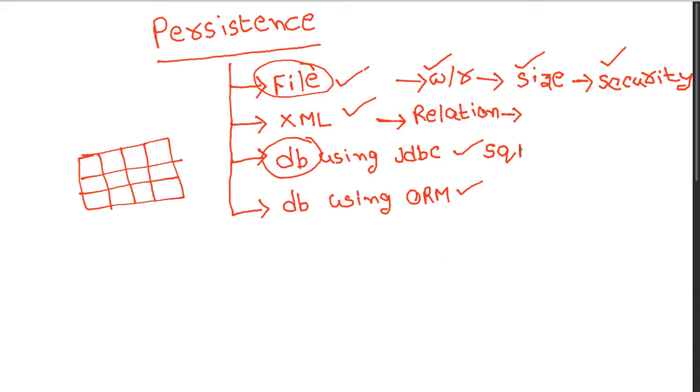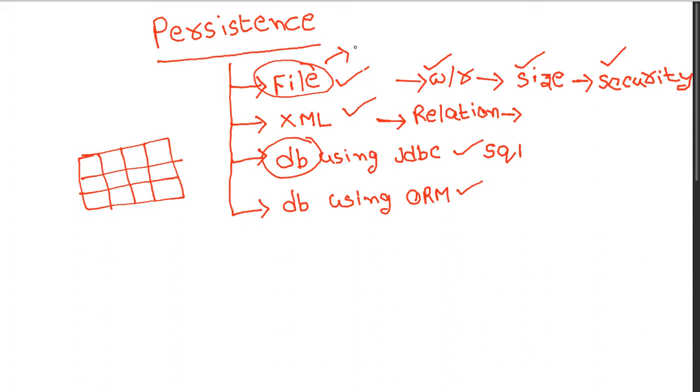If you do the same operation on files, you need to write a lot of Java code. For example, I want to read student data from the database, I simply write a select query. If I want to read the same student data from a file, I need to write a lot of Java code. That is the advantage of the database.